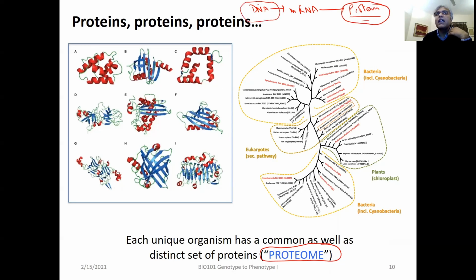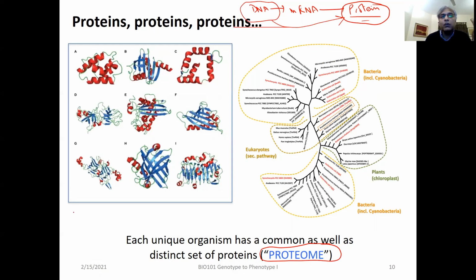DNA is the software as well as the hardware, but this DNA is decoded in the form of a real functional molecule, which is the real hardware of a cell, and we call them protein. All the proteins within the cell are called proteome.